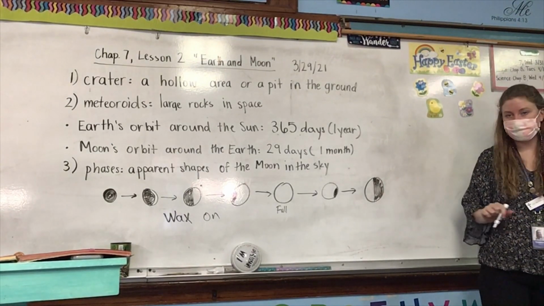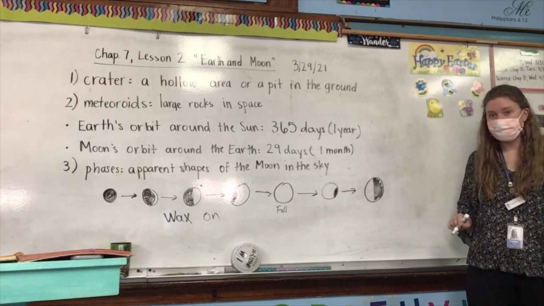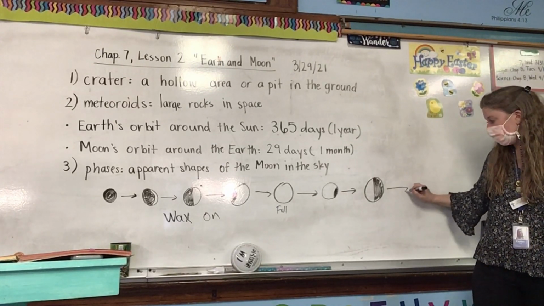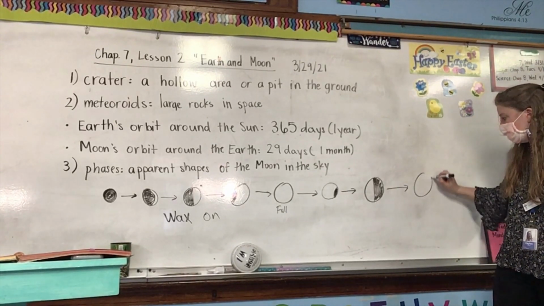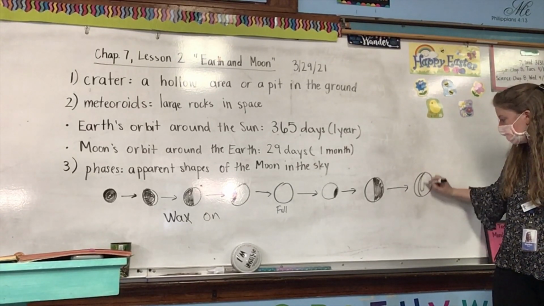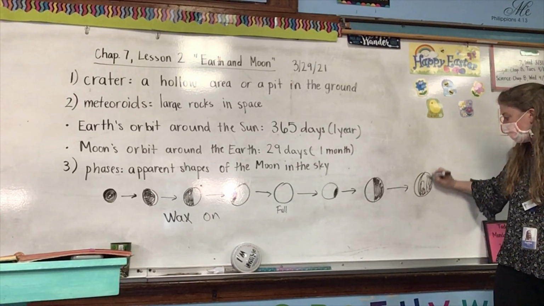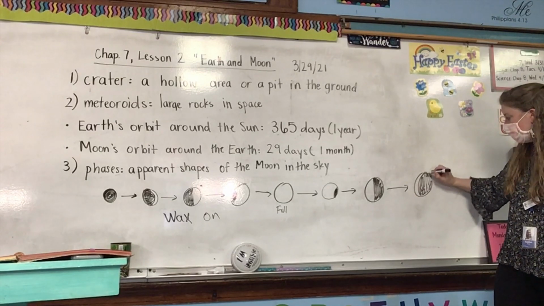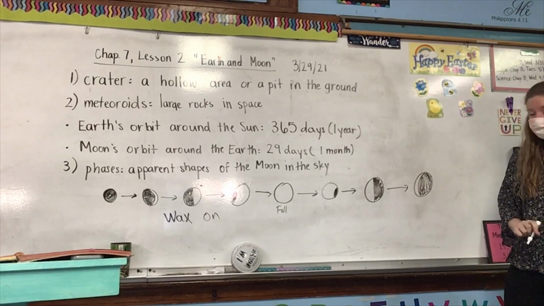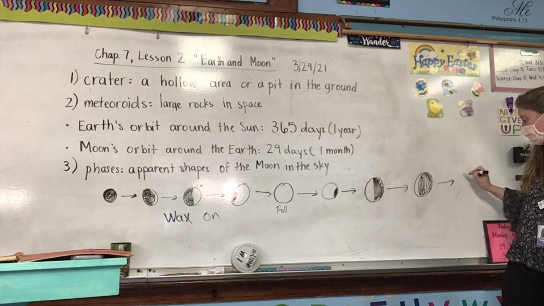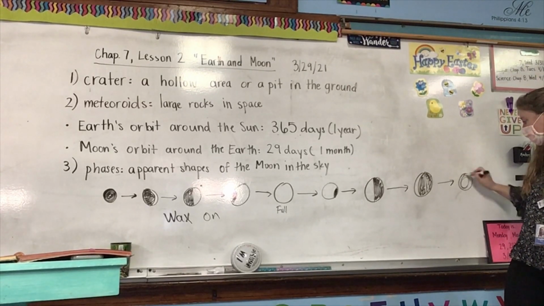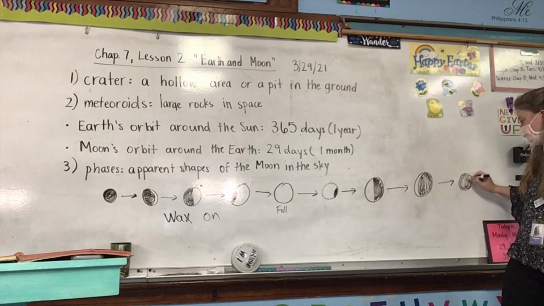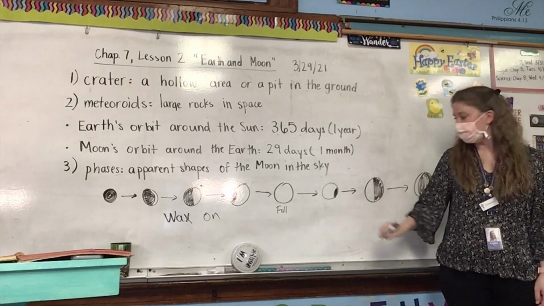Sorry, please turn your camera on. Then we see a little less, the waning crescent, and then we see none of it at all again, and it starts all over.